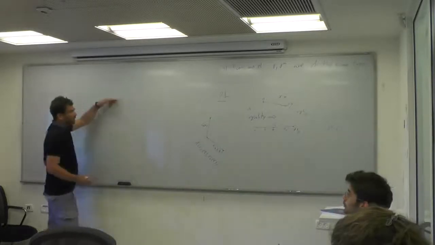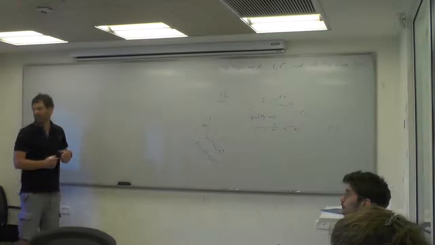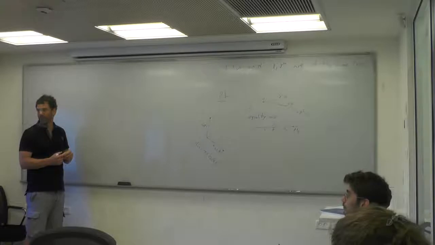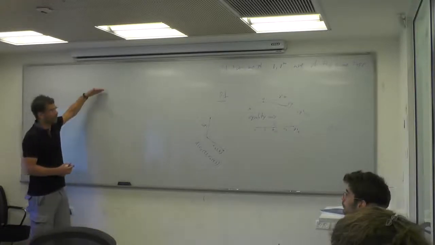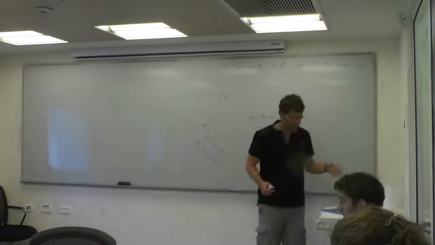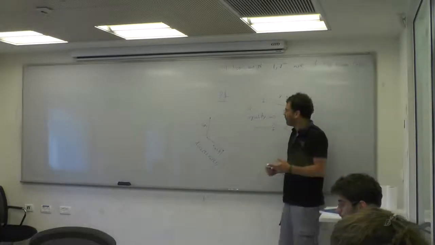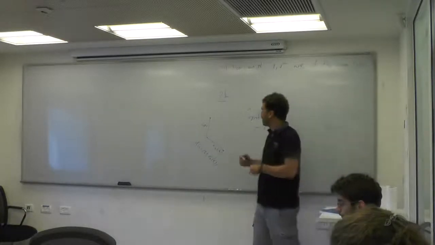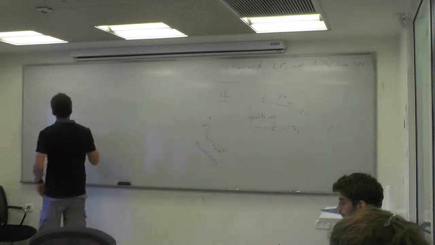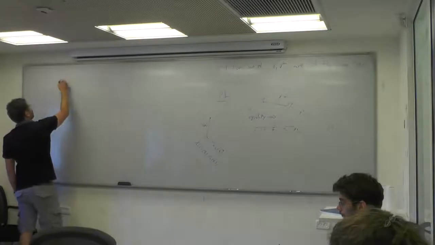Now, if you have another line on which it acts by translation, it must be parallel to this line, because the distance between them is constant. So look at the set of all lines which are parallel to it.